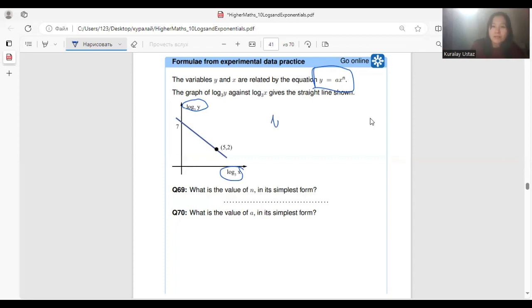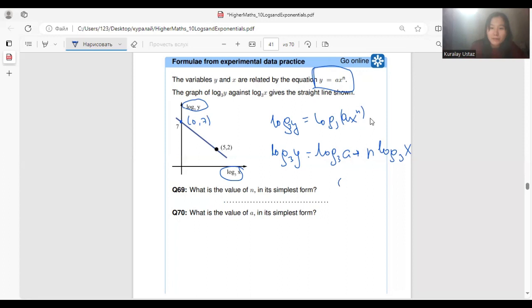So let's take a logarithm for both sides, base 3. So there are 2 points actually. These coordinates are 0 and 7, 5 and 2.